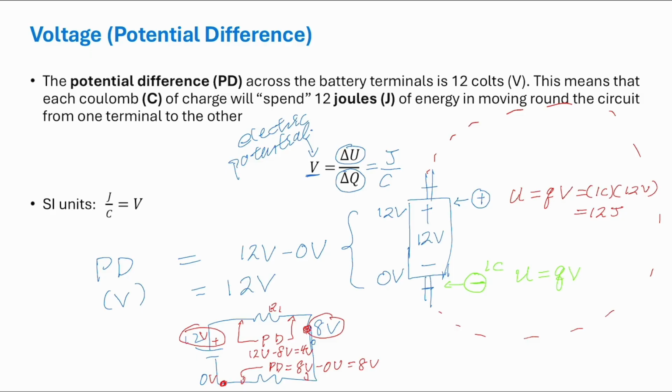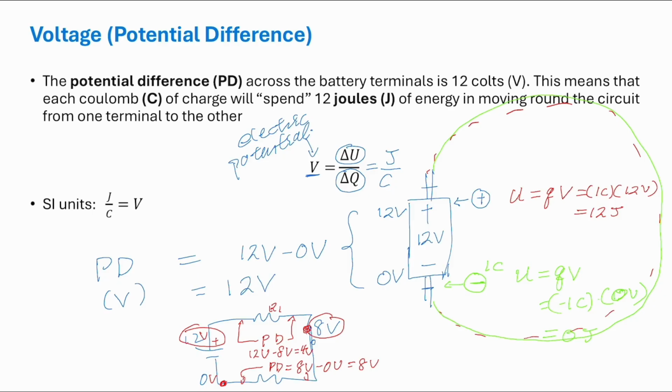So in terms of energy, this is -1 coulomb, this is 0 volt, so this is 0 joule. However, when the negative charge moves along the path back to the positive side, let's calculate its energy.